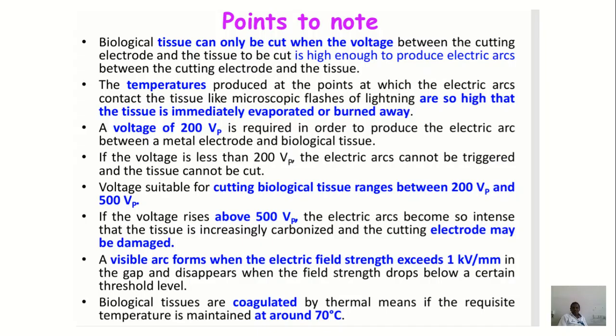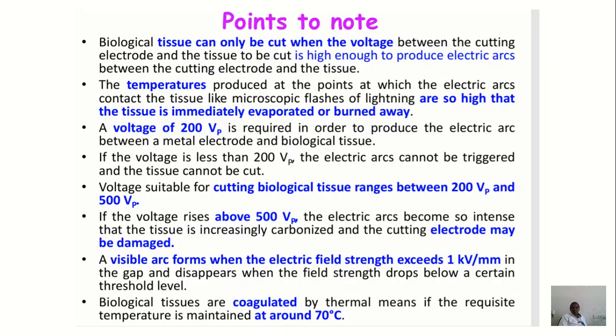Generally, a voltage of 200 Vp is required in order to produce the electric arc between a metal electrode and a biological tissue.